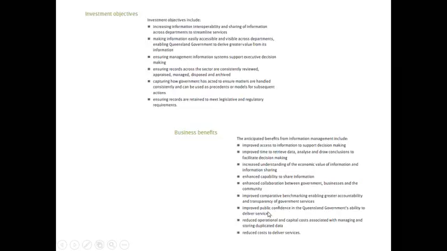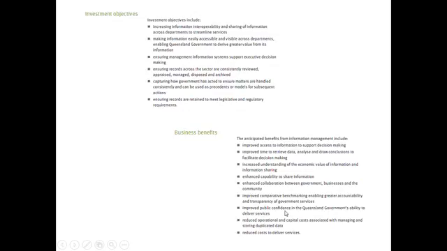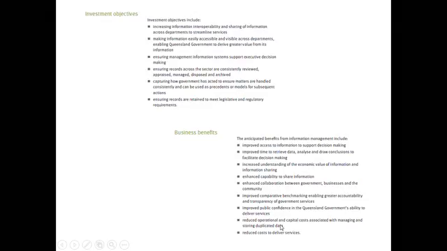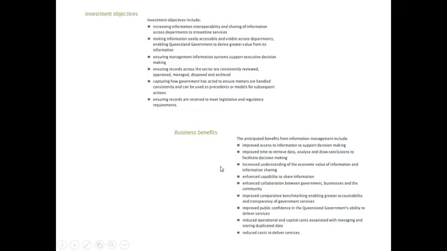Also improved confidence in the Queensland government's ability to deliver services, and to them that's pretty important, to reduce operational and capital costs, and overall to reduce costs to deliver services. So these are all benefits related to the business, and these ones up here are objectives.